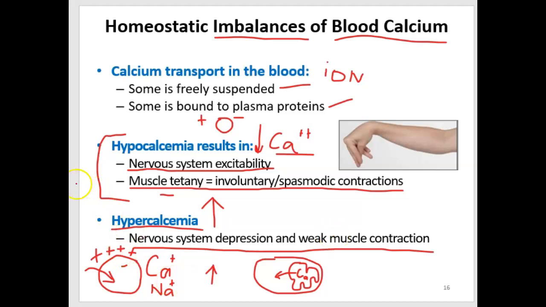Those details are not something you'd ever have to explain, but you should know that hypocalcemia means low blood calcium, and it causes the nervous system to be excited and the muscular system to have spasmodic contractions. You should also know that hypercalcemia means an increase in calcium, but in contrast, it depresses the nervous system and weakens muscle contraction.